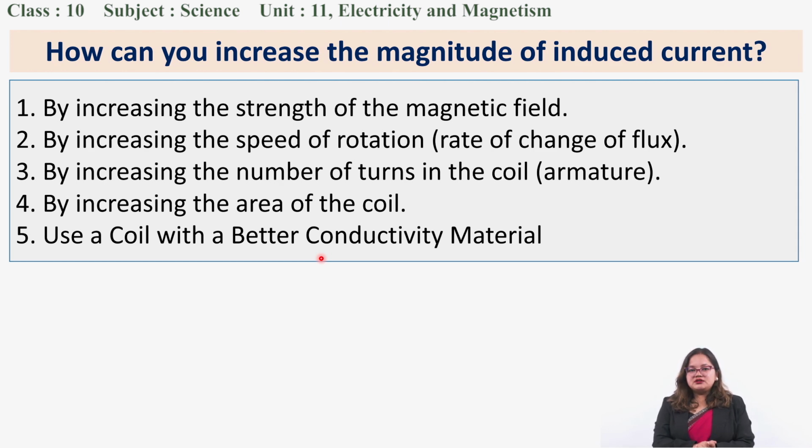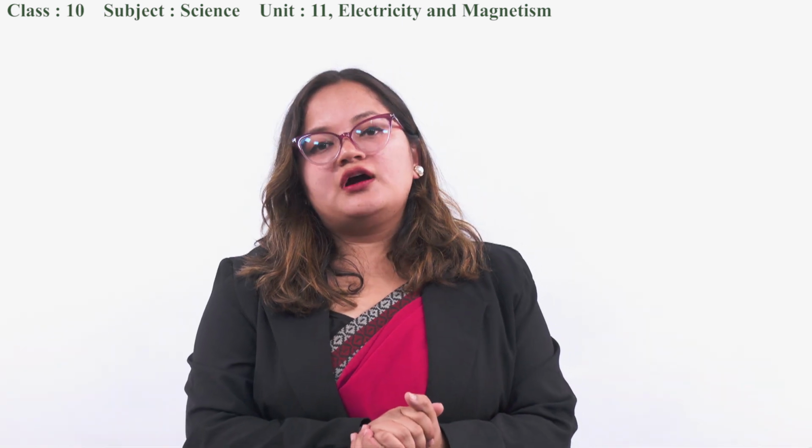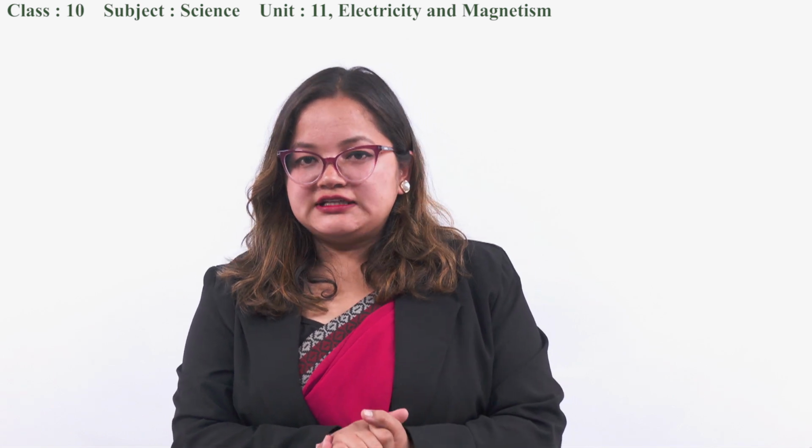Okay, now with this note, let's enter our generator, and let's start with the AC generator. Before the AC generator, let me remind you, in our first class of electricity and magnetism, when we studied alternating current and direct current, we mentioned that the AC generator is also a source of alternating current.